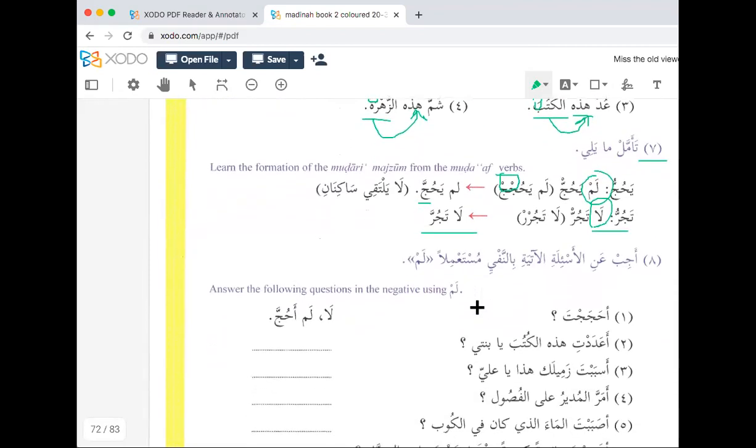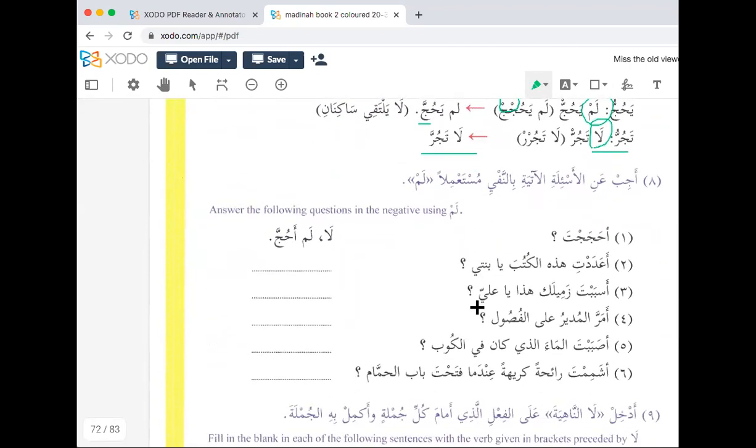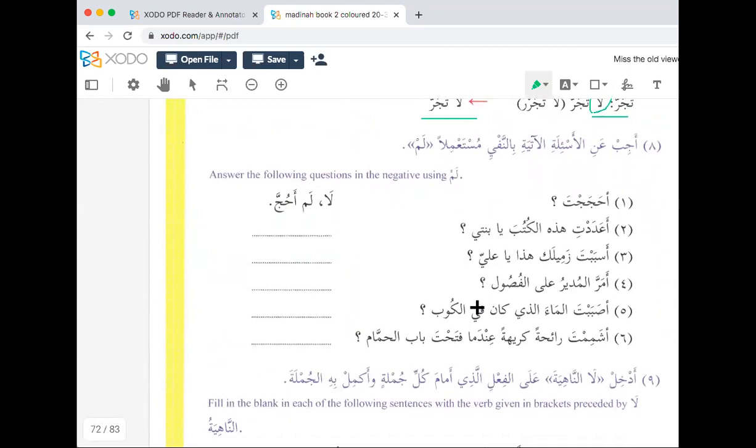Is that clear? Because if it is, you should be able to answer these questions, inshallah. I think it is now. You made me doubt myself. No, you'll be fine. Bismillah. So here, the questioner says, Ahajajata? And the answer says, La.